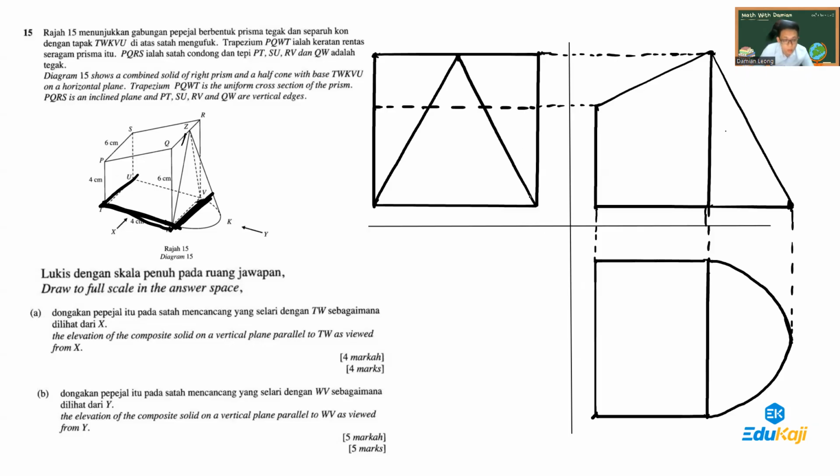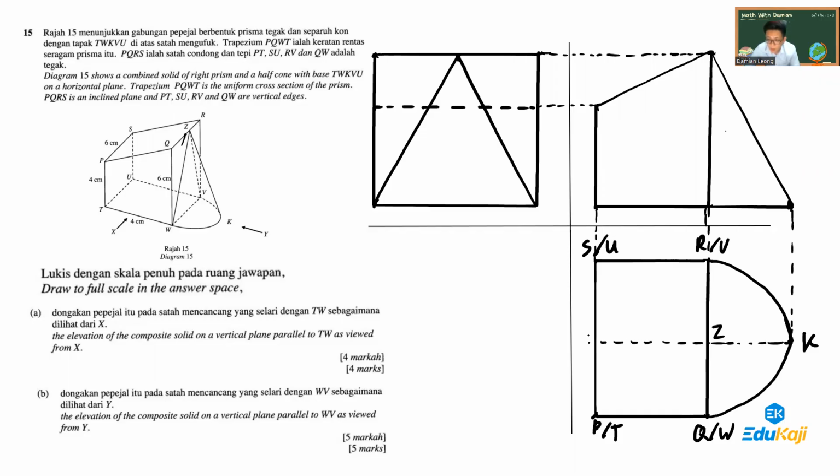So if I label the points as U, R, V, here will be the Z, K, Q, W, P, T. So you see the K and the Z here, I extend here and go 90 degrees up.